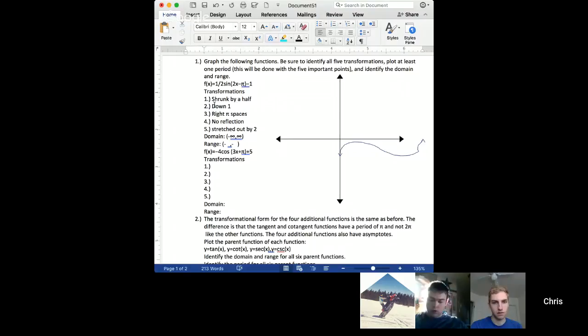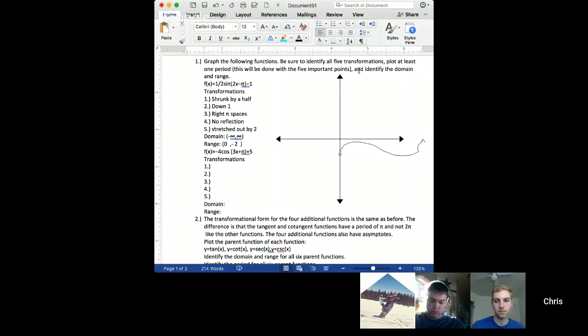So it should go 0 to -2, I think. 0 to -2. I hope so. We could check it on a graphing calculator. That'd be the smartest thing to do, I think, at this point, to make sure we're right. I can do that. Okay.